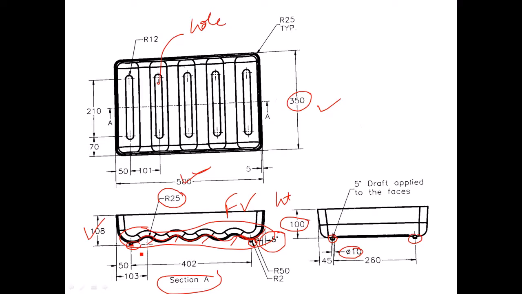Okay, and this is also radius 25. And at the edge they have a radius of 50. Radius of 50. Let us see what will happen. Now for R50 they have not provided any locations here. Okay, simply they have provided dimensions.